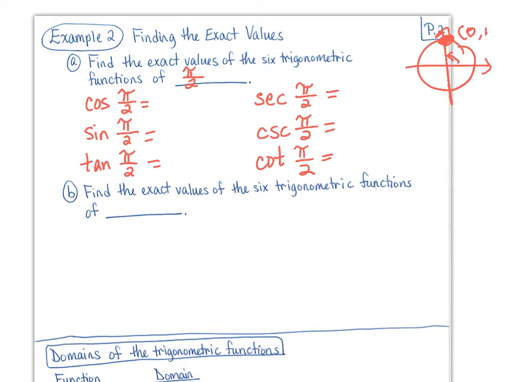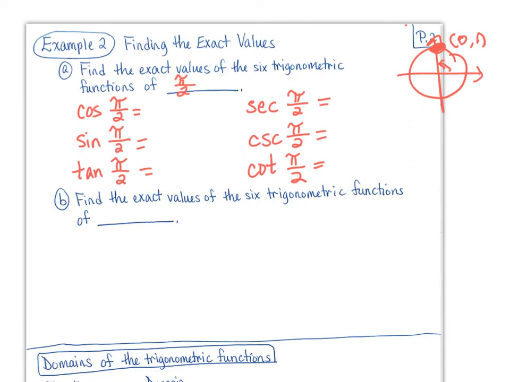Good. That's pi halves. Okay? So what's cosine of pi halves? 0. Good. That's the x value.